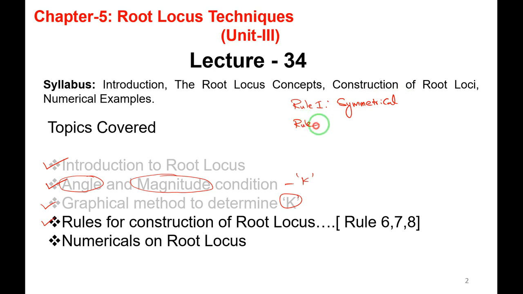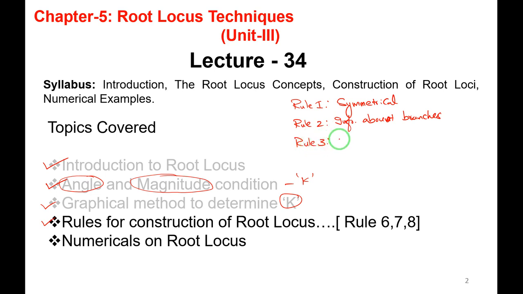Then rule number 2 speaks about the branches. It gives information about branches. Right? There are three cases: p greater than z, p less than z, p equal to z, right? So how many branches there are, where they will start, where they will terminate, all that information will be given by rule number 2.